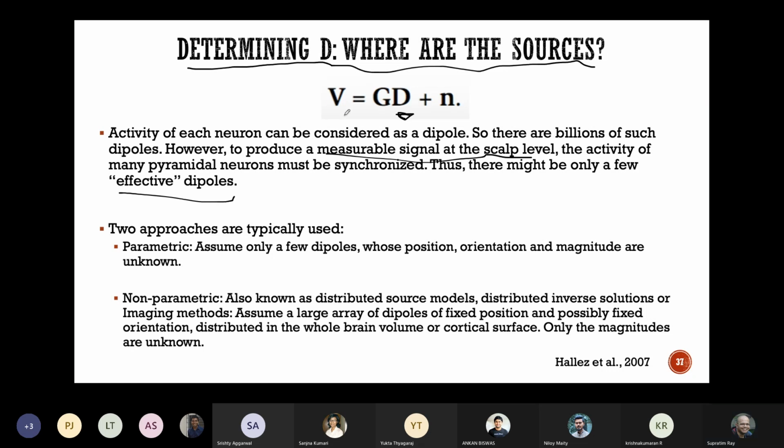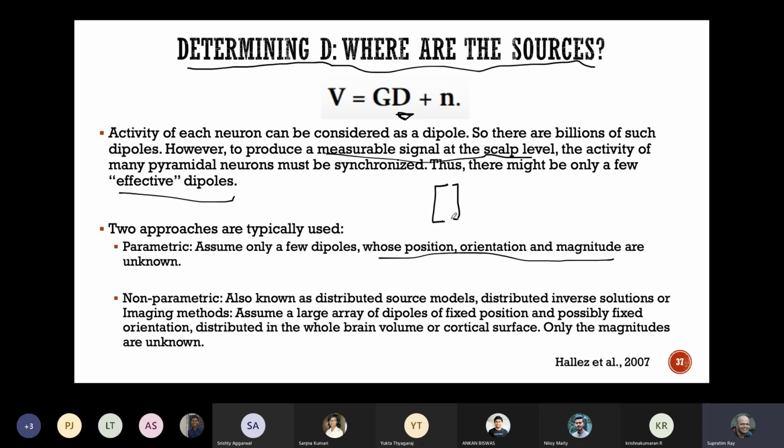So you could do it two ways. You could either say, okay, I'm going to only assume a few dipoles, but I'm going to estimate the position, orientation, and magnitude of those. So in this case, my formula becomes something like this.